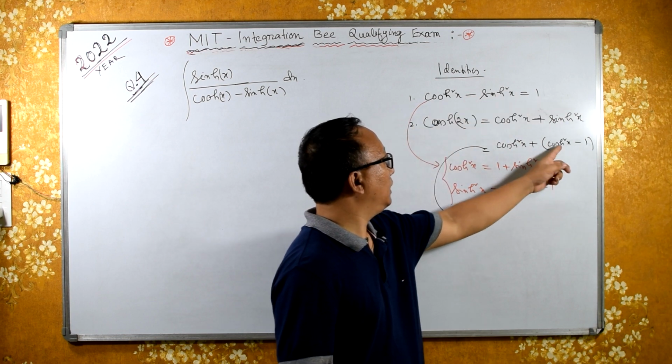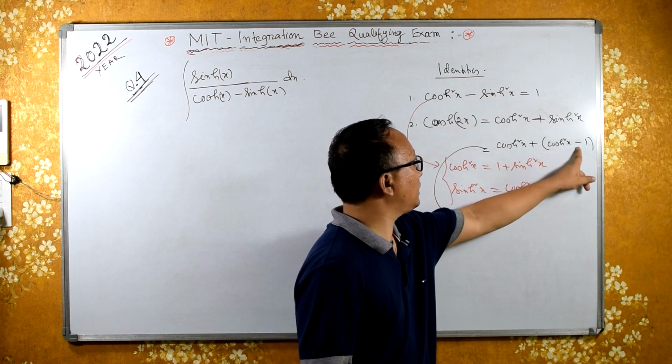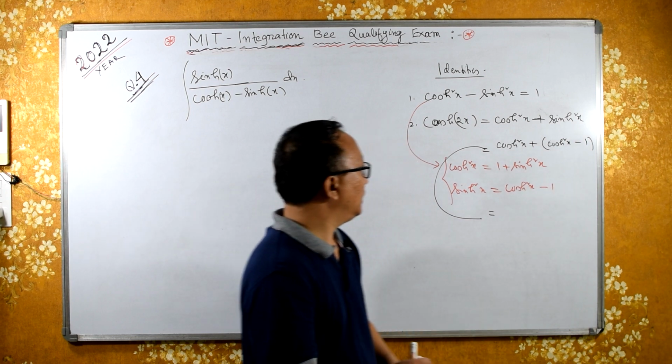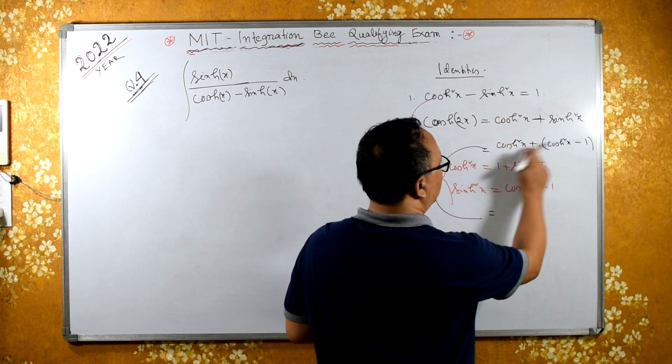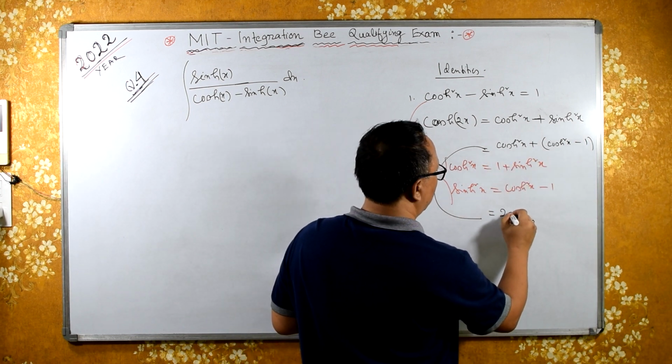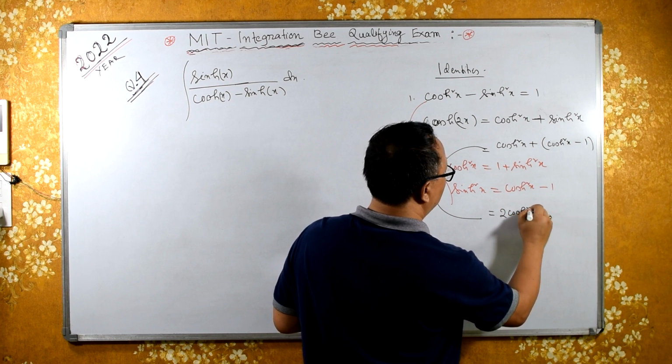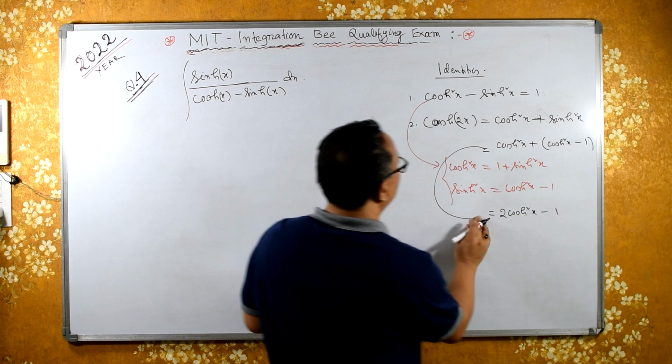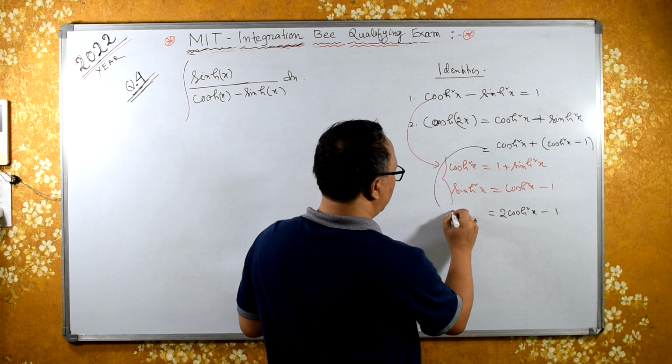Therefore, this will be cosh square x minus 1 instead of sinh square x. Now this plus this is what? Twice cosh square x minus 1.